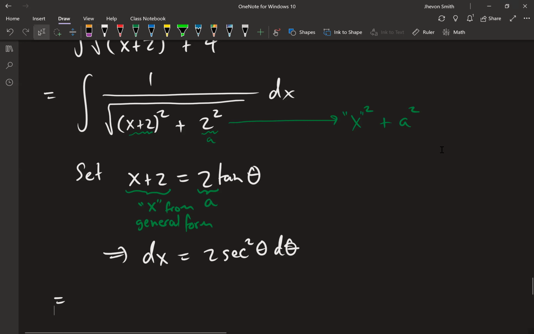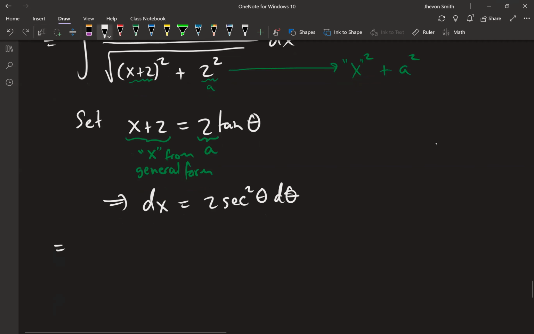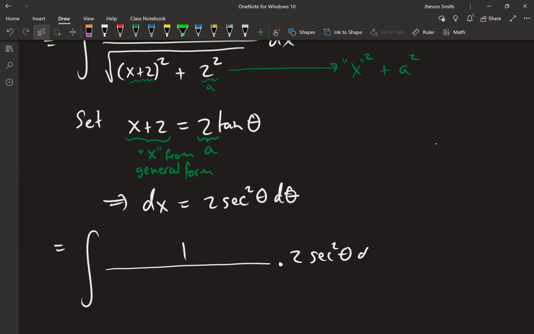So this is going to look like, so this is 1. Your dx becomes 2 secant squared theta d theta. Under the radical, we're going to have 4 tangent squared theta plus 4, by plugging in x plus 2 is equal to 2 tangent theta.